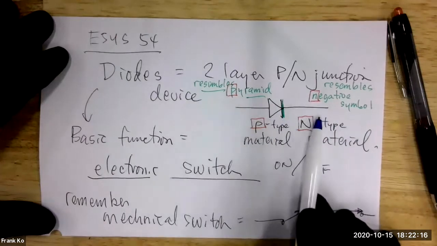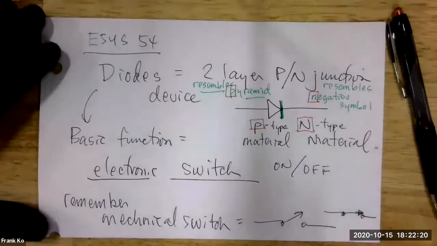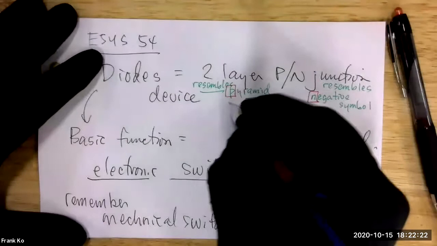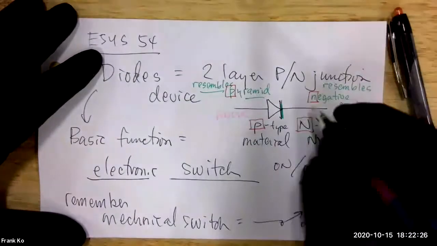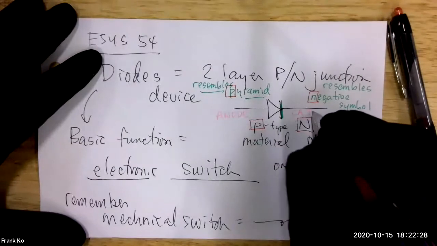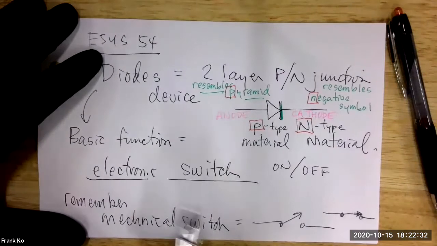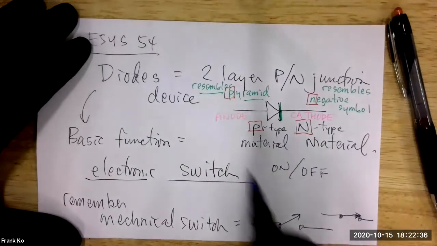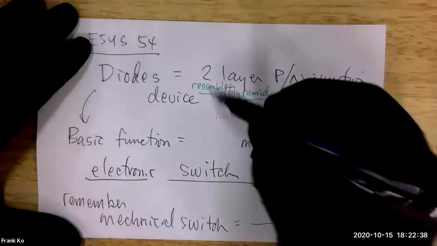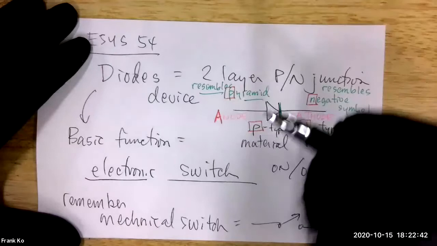Now, there are official names given to each side of these diodes. This is called the anode, and this is called the cathode. Another memory tool that can help you remember this: take a look at the letter A for anode. Does the letter A for anode have a pyramid in it?